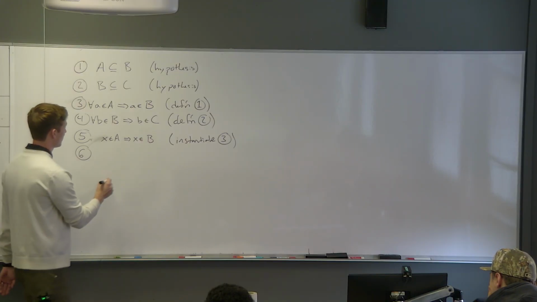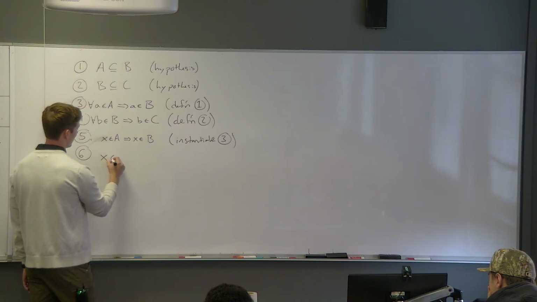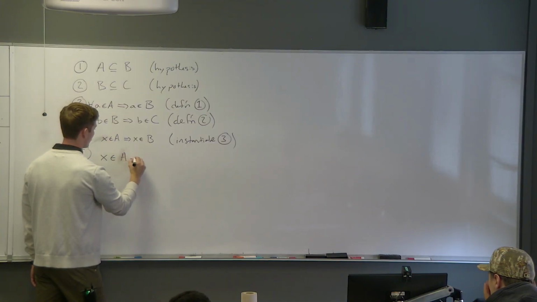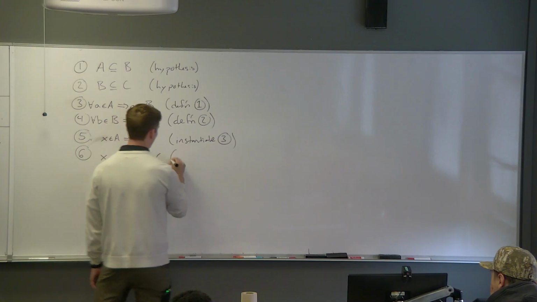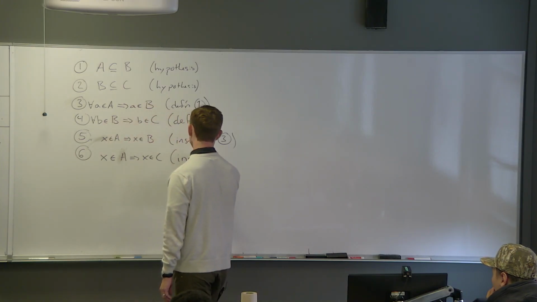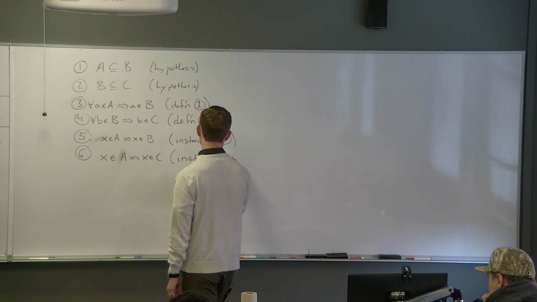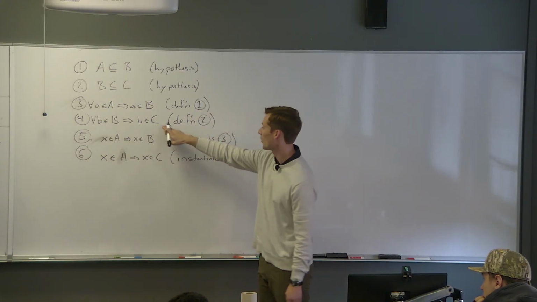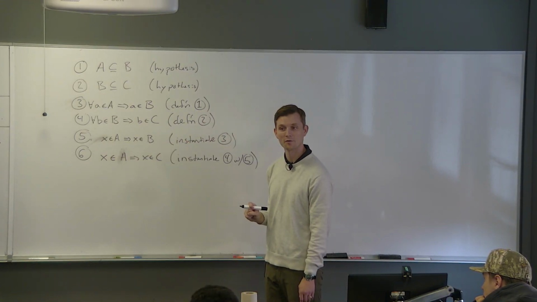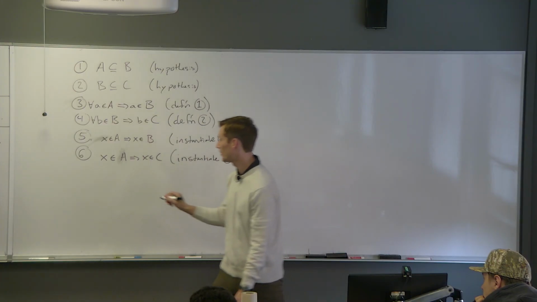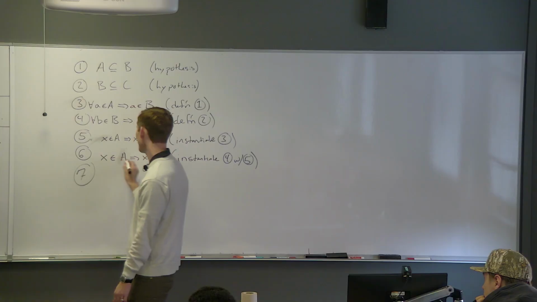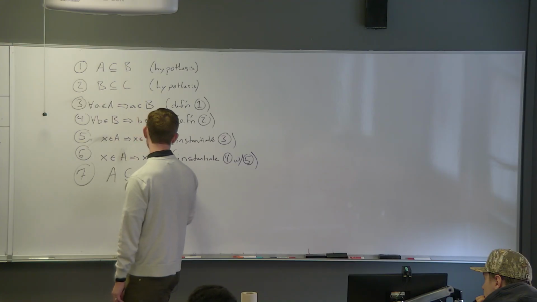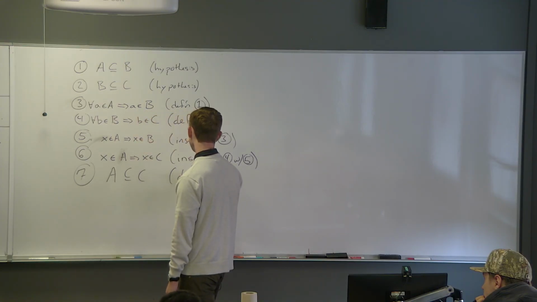So, we instantiate 4 with what our element was from 5. And now, to finish it off, since x is in A implies that x is in C, we can say that A is a subset of C. This is by definition.